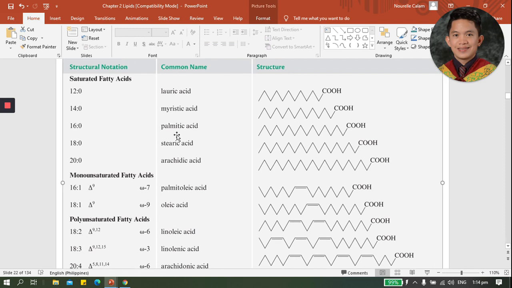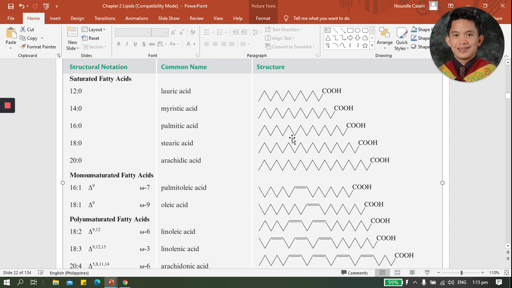Okay. So over here, saturated fatty acids. So the numerical notation is 12:0. That means there are 12 carbon atoms and 0 double bonds. So all saturated fatty acids would have 0 as the second number in the numerical notation. And there is no delta or omega notation because there are no double bonds in their structure.